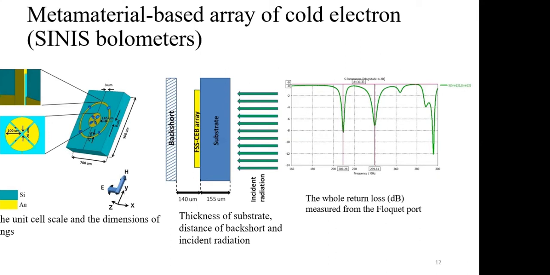It's a dual mode, excuse me, double band frequency selective surface, which again we try to integrate. We have 8 integrated cold electron bolometers, or SINIS junctions, and here we have a back short which, if we design an equivalent circuit, works for us as a short circuit, and the radiation is from the substrate side.